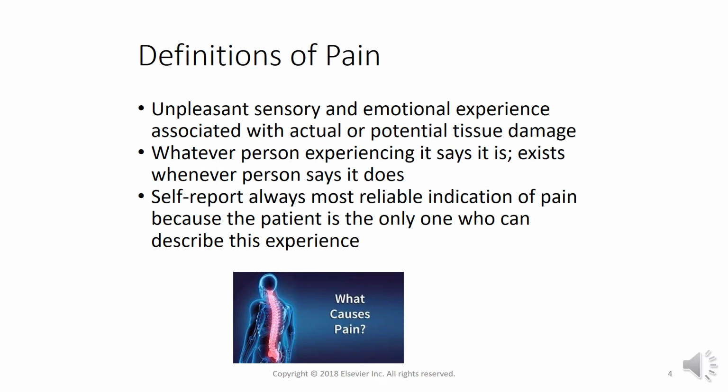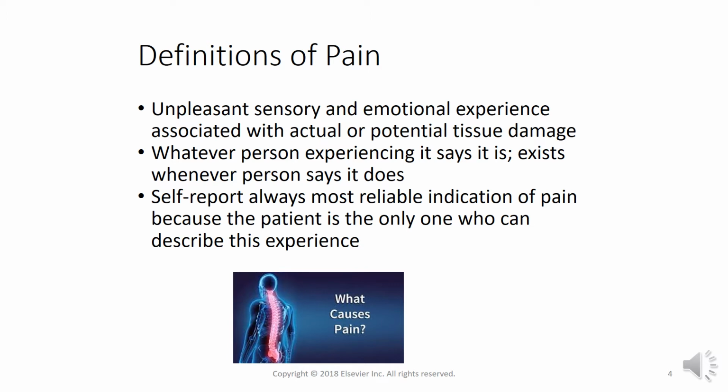Let's talk about what pain is. Pain is an unpleasant sensory and emotional experience associated with actual or even potential tissue damage. So whatever a person is experiencing exists whenever the person says it does.